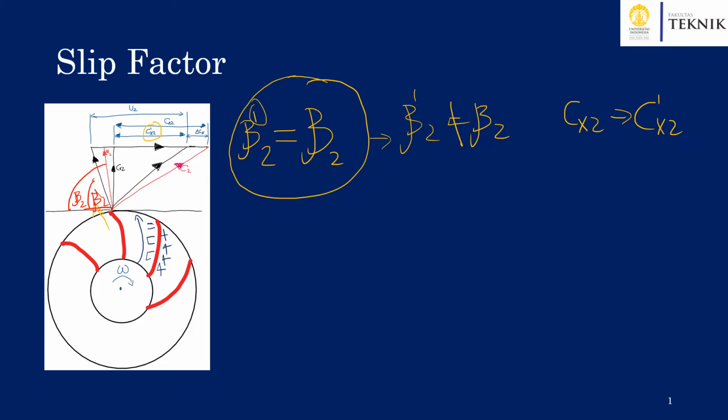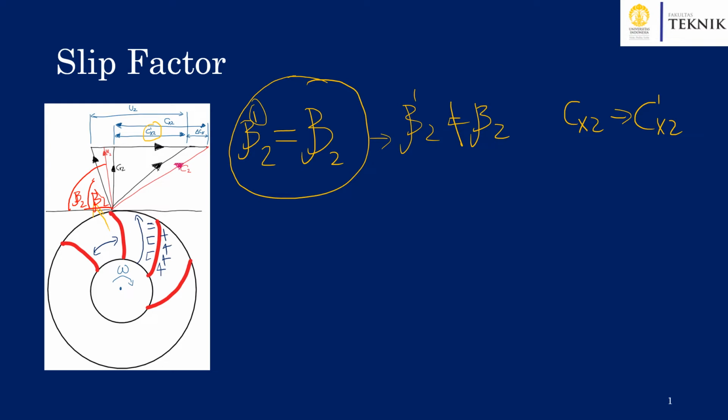Another thing that might cause slip between the fluid and the blade is the distance between the blades of the impeller, which might cause the fluid to be unable to follow the curvature of the blade.